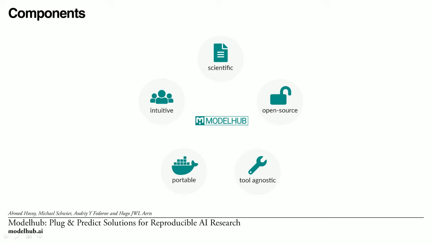We acknowledge that researchers will have preferences when it comes to tools, so we're thinking of the platform as being tool agnostic. We rely on Docker for portability. Docker is an infrastructure for portable software environments. And really, user experience and simplicity are key here, especially in acquiring a user base that might not be entirely technical.